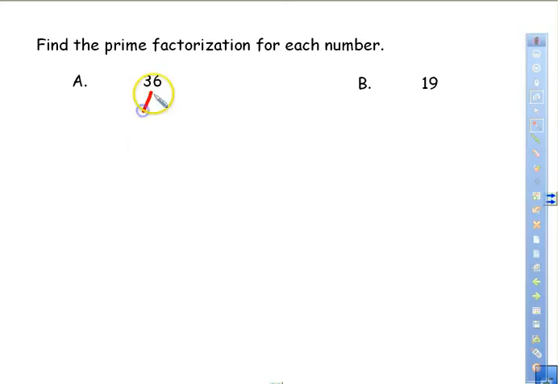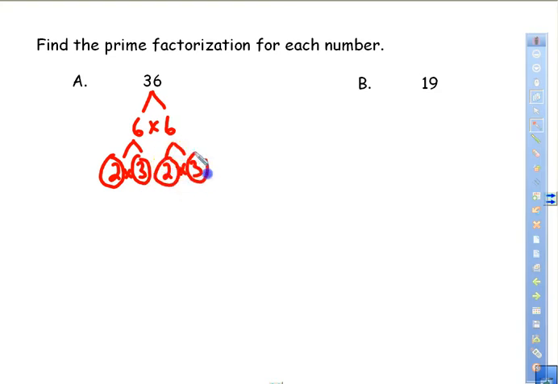So for 36, we can use 6 times 6, or you might have used 4 times 9, or 3 times 12. Either one of those works perfectly well. I'm using 6 times 6, and both of those are composite, so 2 times 3, both of which are prime. Then we'll break down our other 6, which is 2 times 3 again.